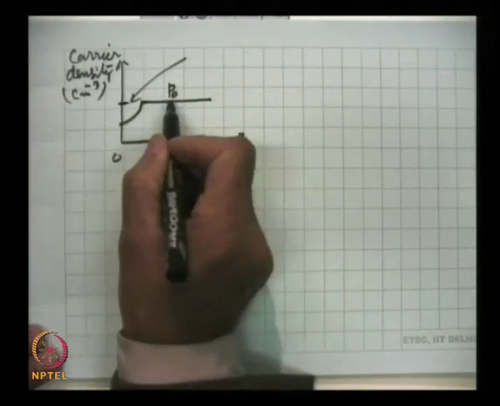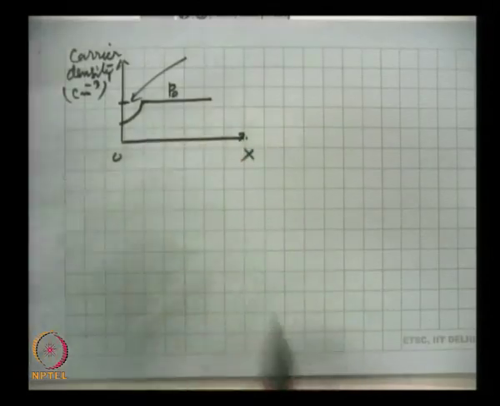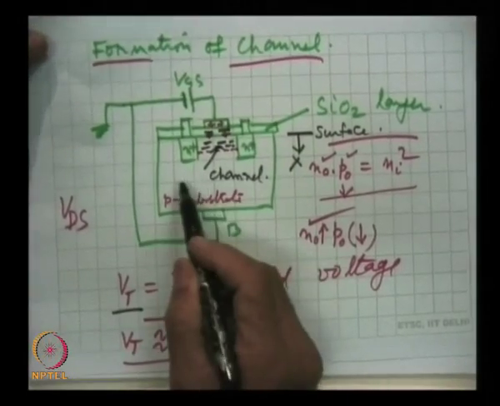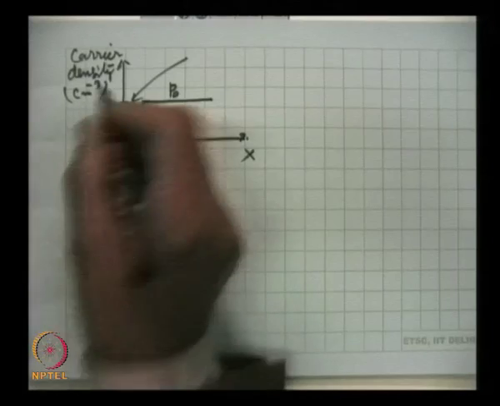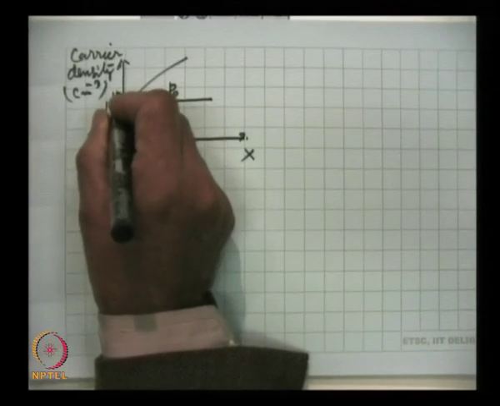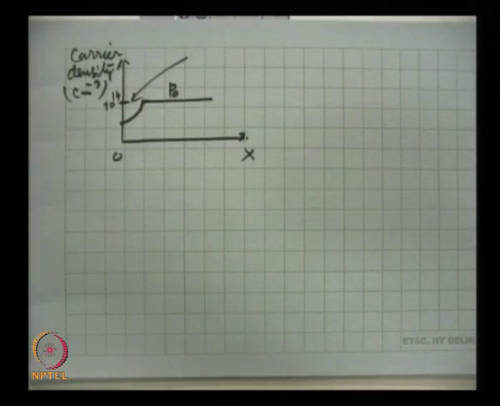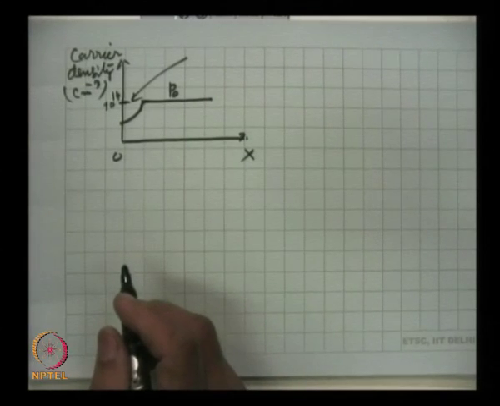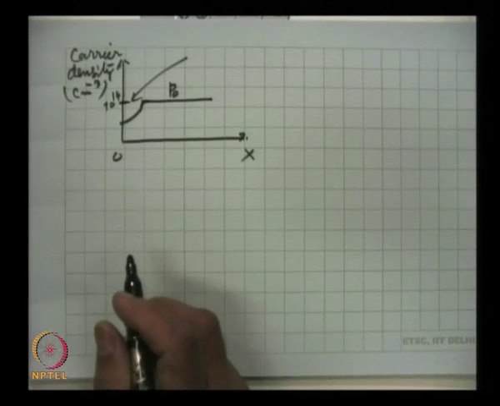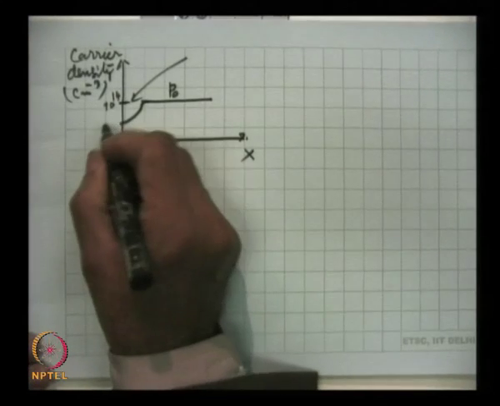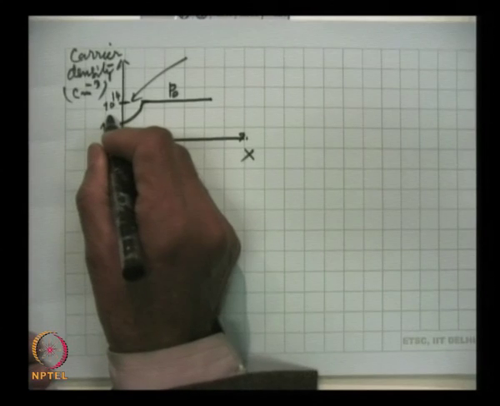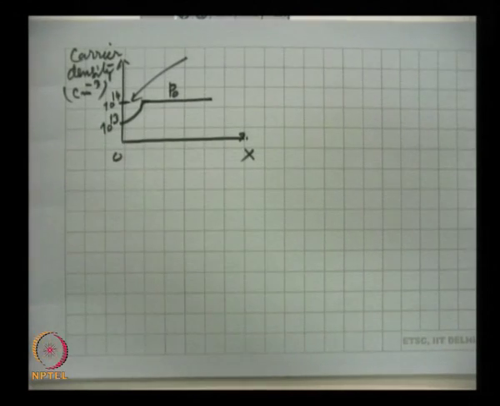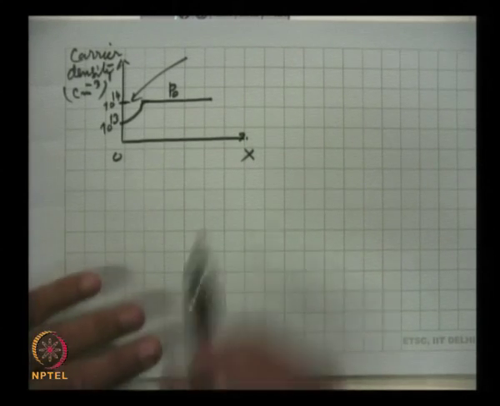This density, initially everywhere in the bulk p type substrate, is P0, and let us take P0 as 10 to the power 14, the density of holes. But because of the repulsion of the field created at the gate, this falls down by one order of magnitude, say roughly 10 to the power 13. On further reduction, when electrons move towards that region, then what happens is this.